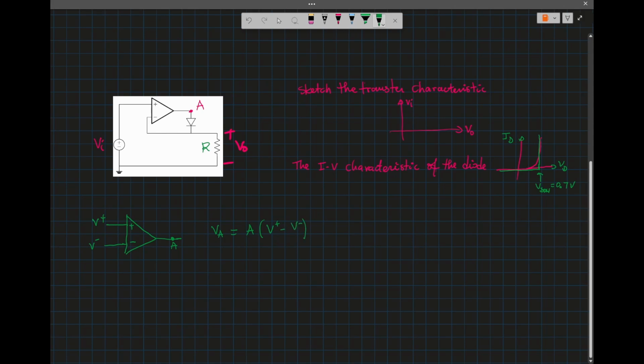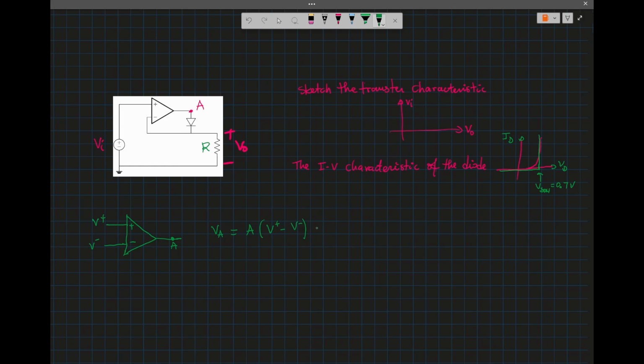So in open loop, the output voltage of this op-amp is the open loop gain times the difference between the voltage at the positive terminal and the voltage at the negative terminal.